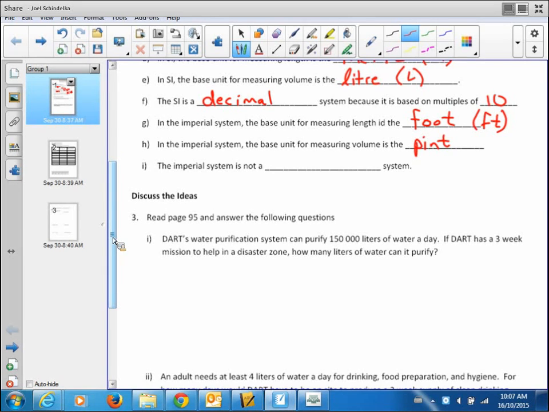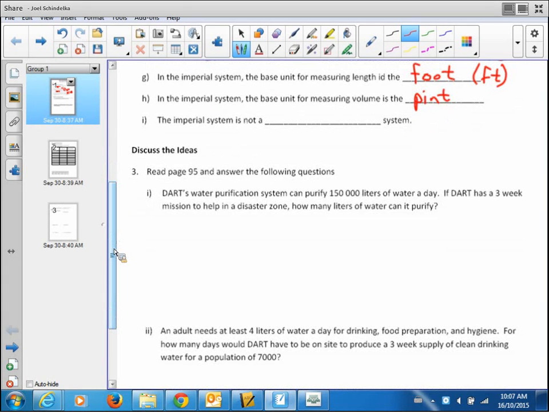But it's not used very much even by old people anymore. At restaurants, sometimes when you order drinks, they're in pint glasses. And like I was mentioning before, the imperial system is not a decimal system. That means the conversions are a little more involved.